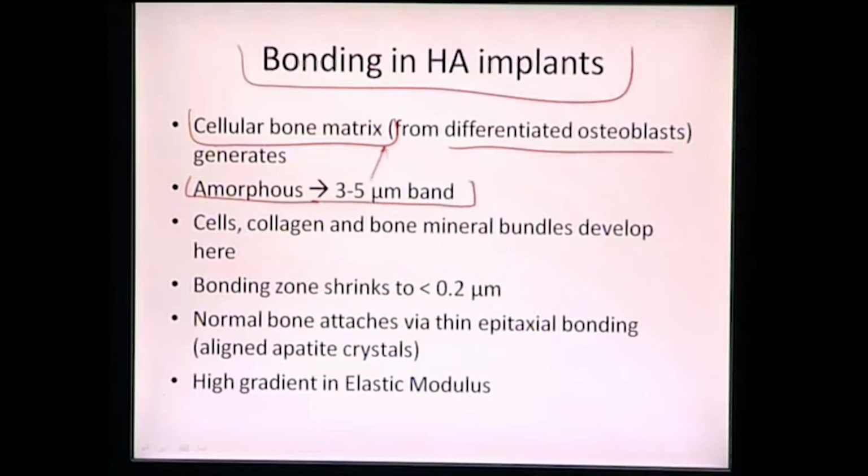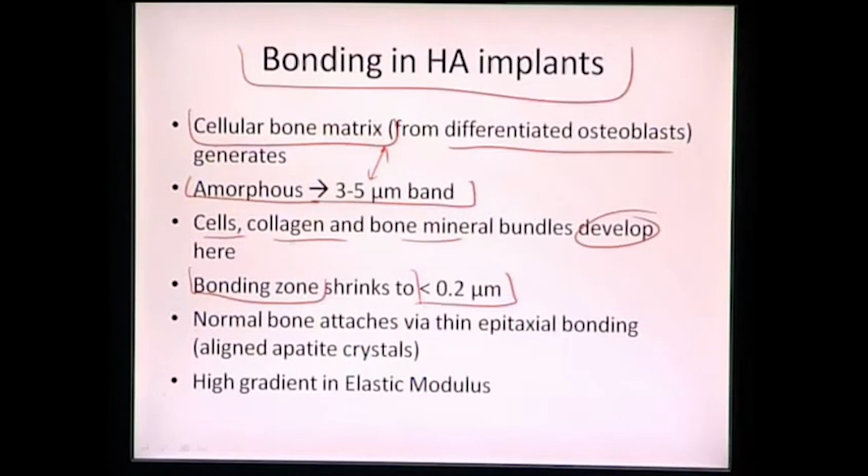Between the amorphous layer and the bone implant region, we have certain cells, collagen and bone minerals that start developing in this particular interface, and then it starts shrinking the bonding zone, and this bonding zone shrinks down to around 0.2 micrometer.